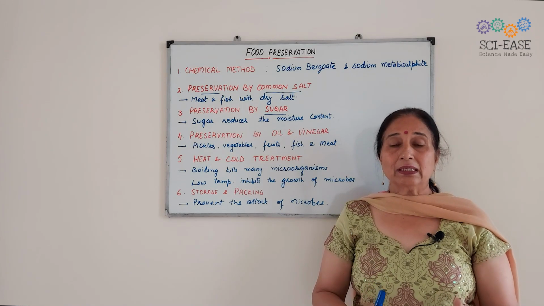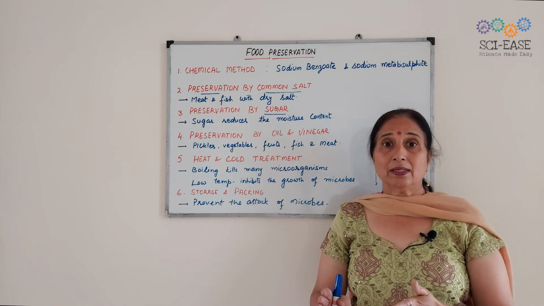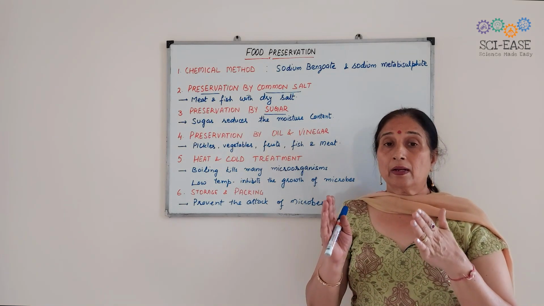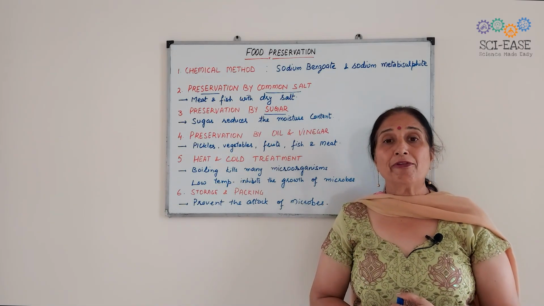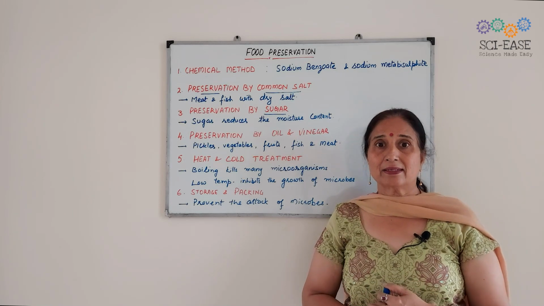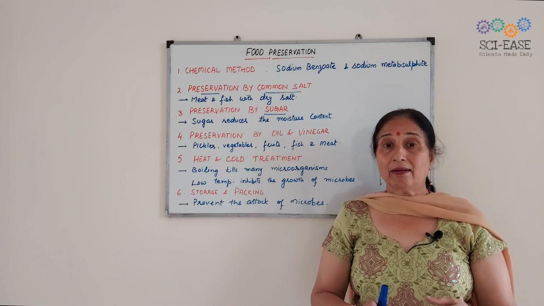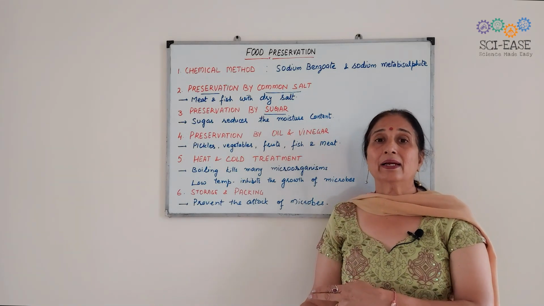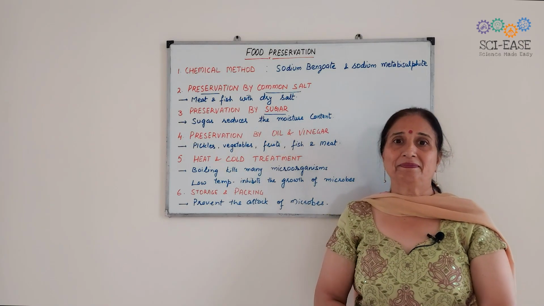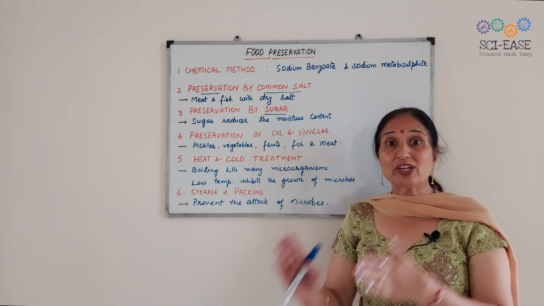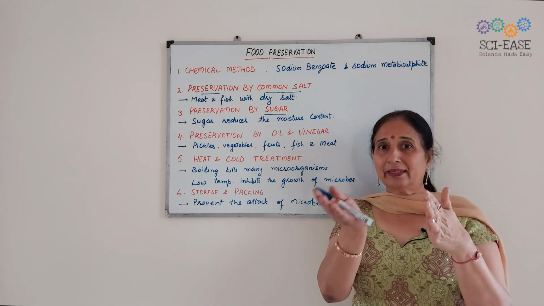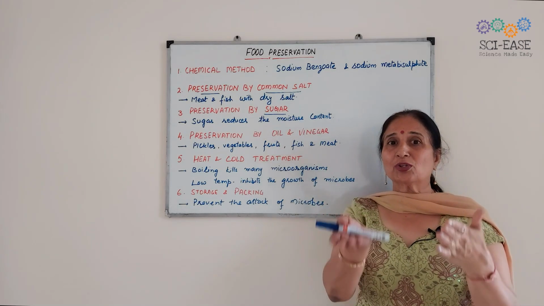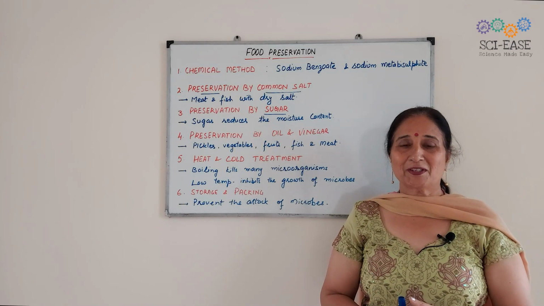The milk is heated at 70 degrees Celsius for 15 to 30 seconds, and then at once it is chilled. It is cooled. So there is no in-between temperature for the growth of microbes.